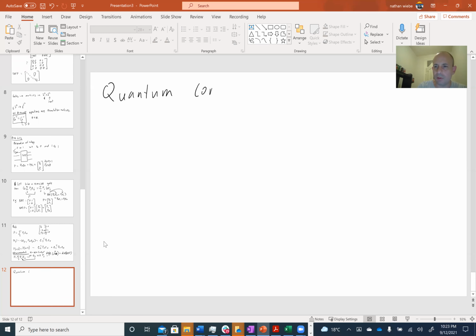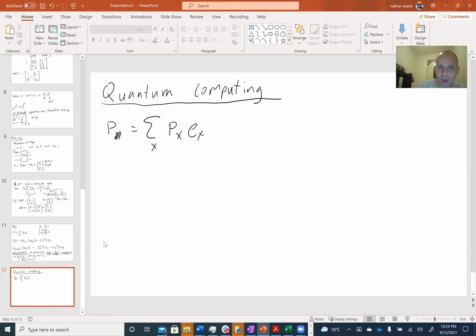At a high level, the biggest thing that you need to know in order to separate classical or probabilistic reversible computing from quantum computing is that in probabilistic reversible computing, we had that P is equal to the sum over x of Px Ex. In quantum, we have a quantum state vector equal to the sum over x of psi x Ex.